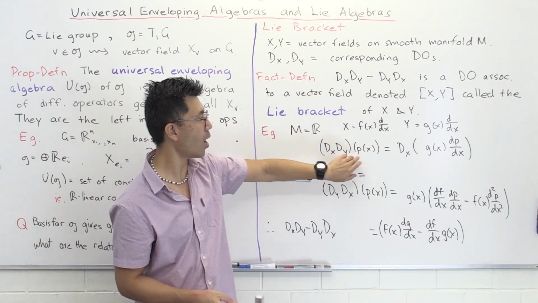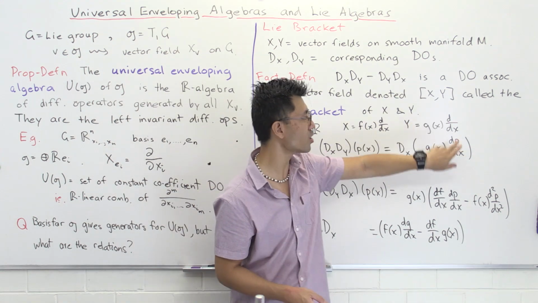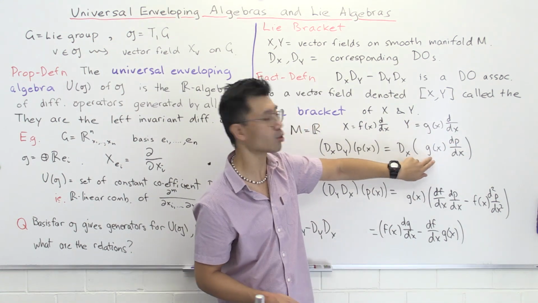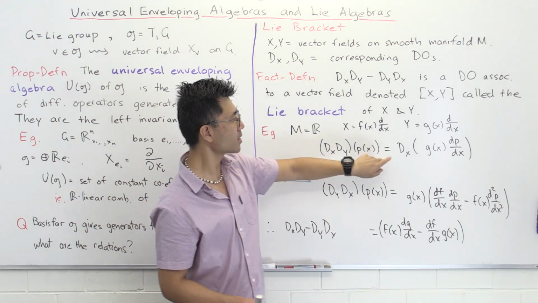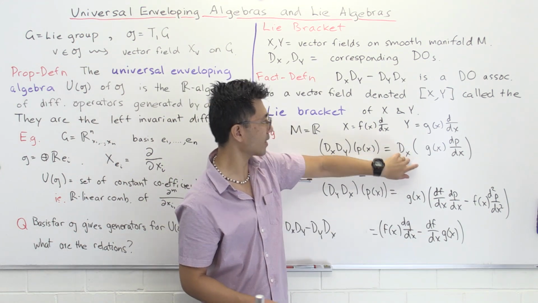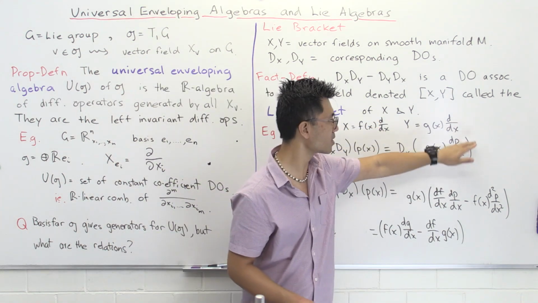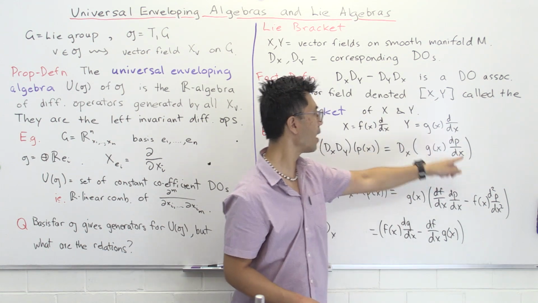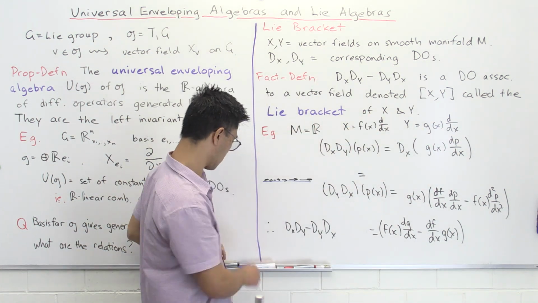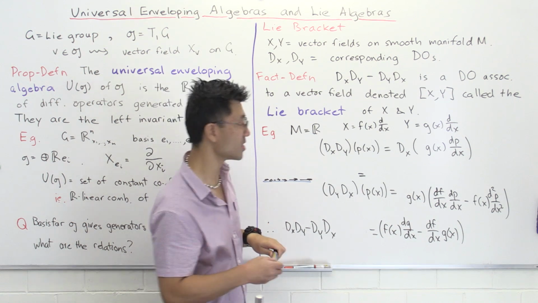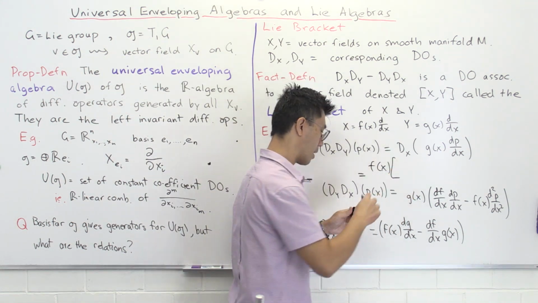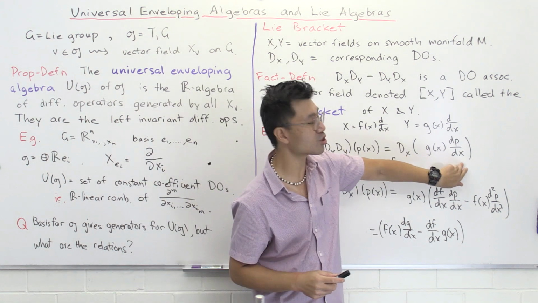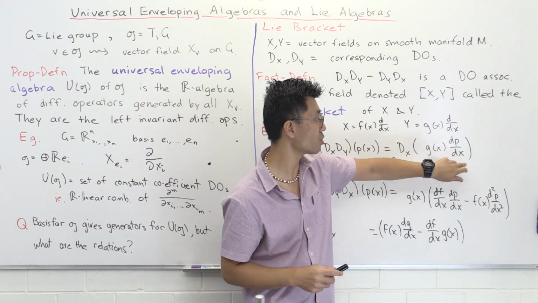If we apply dy to p of x, of course, you just differentiate p to get dp dx and multiply by g. That's the first part. And the next thing you do is you apply dx. That means you differentiate this here and then multiply by f of x. The multiplying by f of x is easy enough. And then to differentiate this, you use the product rule.